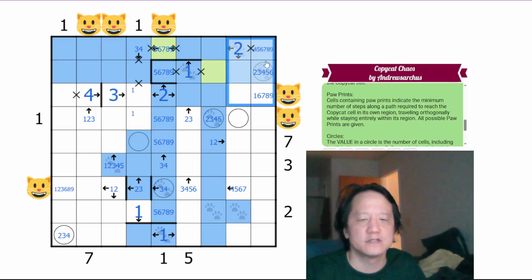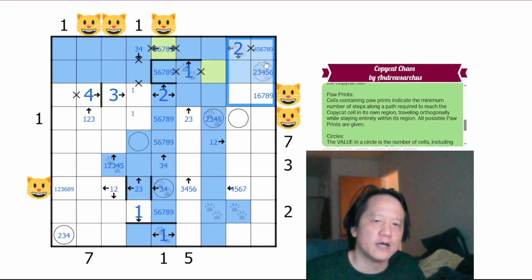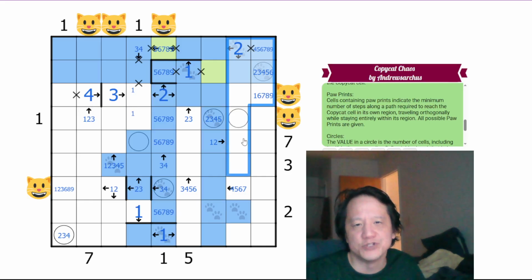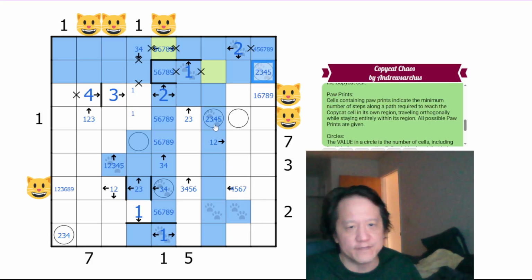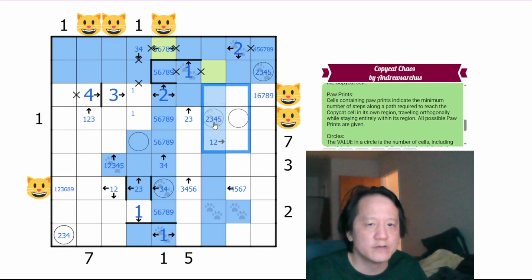If that's 6, we're going to have 1, 2, 3, 4. You have 6 here. This is 2 away at most here. 3, 4, 5 away at most for the region. So this cannot be 6 there. So circle with a paw print can never be greater than 5. You could have 5 away, so that's fine.